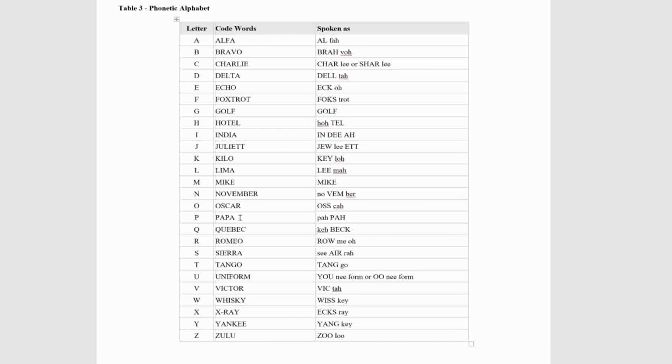So it's my personal opinion, there would be those that disagree with me, I'm sure, but I think it is poor operating practice to use phonetic words which aren't part of the International Phonetic Alphabet.